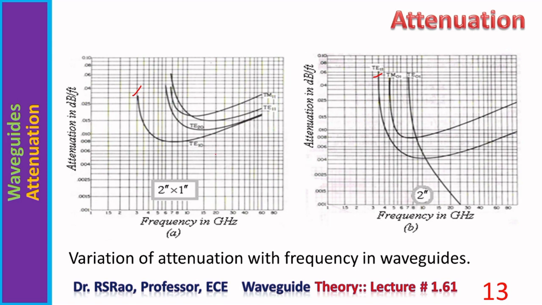One can notice for all the modes in rectangular waveguides, the attenuation is decreasing and then rising. So at a particular frequency, it assumes a certain minimum value. When it comes to circular waveguide, if we watch the curve for the dominant mode, it is falling, then rising, and falling and rising. But for one mode, that is TE01, it is simply falling, no rise, with increase in frequency.